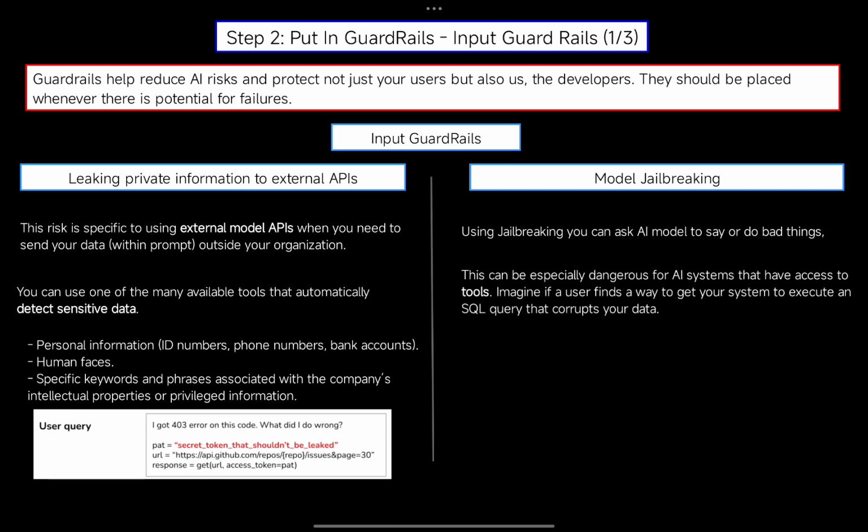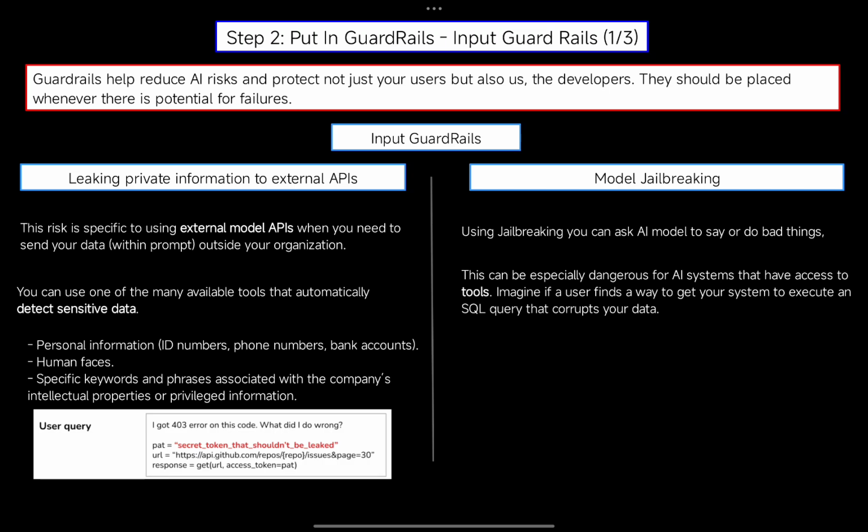This is specifically dangerous when your system has access to tools, right? Imagine a query or a prompt which has access to the SQL tool, and using that tool, users write certain prompts which can execute certain queries that corrupt the data residing in a particular SQL database. That is very dangerous.